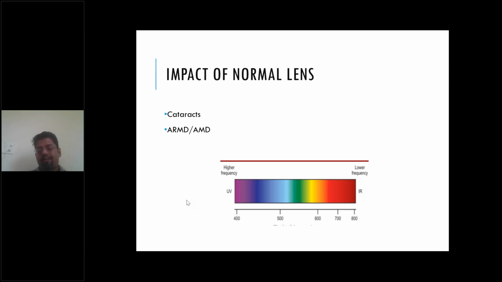Why is it required? If you use ordinary lenses, as we used to in our early days, that brought more cataracts because of the UV rays, and now many people have started getting ARMD, which is age-related macular degeneration.